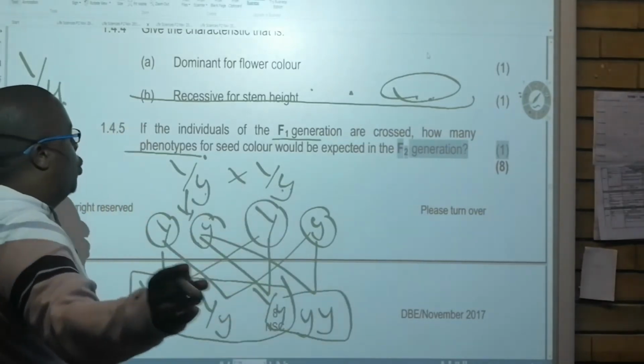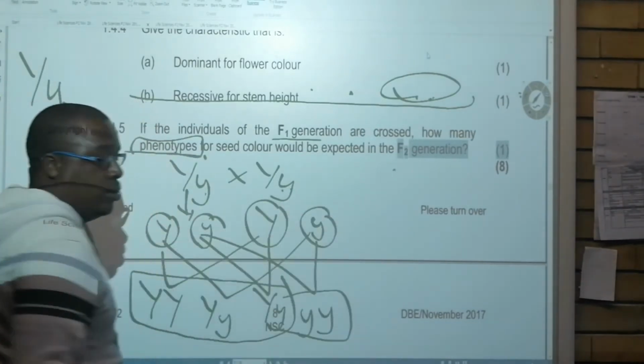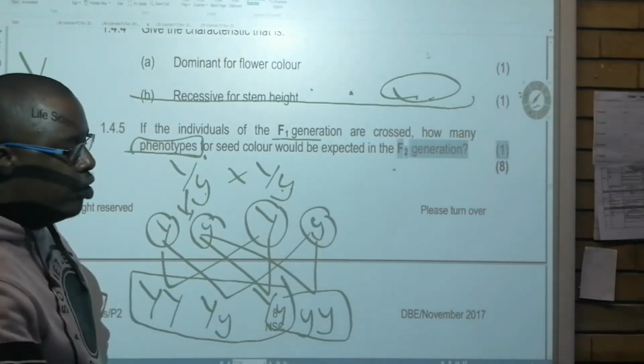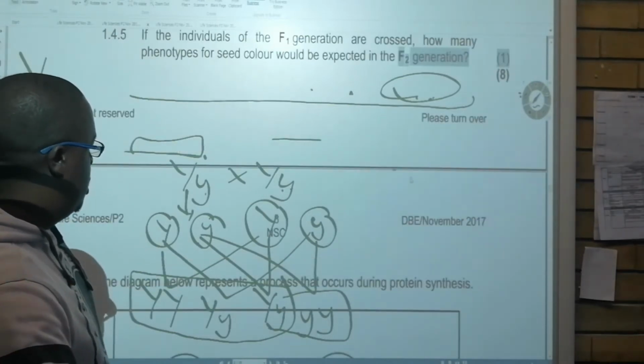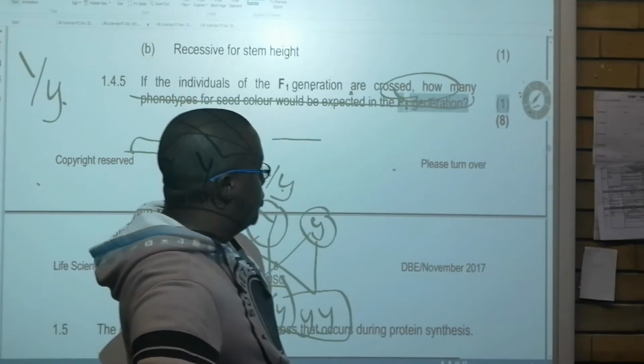Green. So, how many phenotypes are we going to get in the F2? We're going to get 2. I hope you understood that.